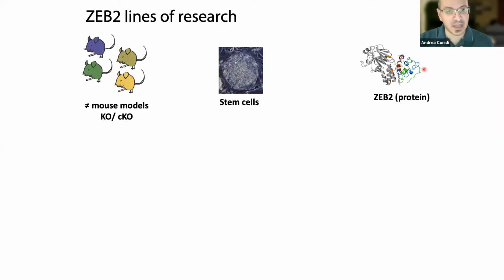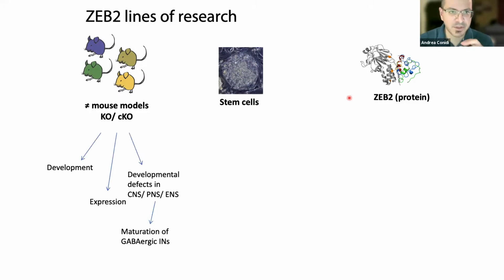So cells that can become anything, but also more from the biochemical point of view, focusing really on the ZEB2 protein per se. It's nice to see how all these lines of research brought something different.